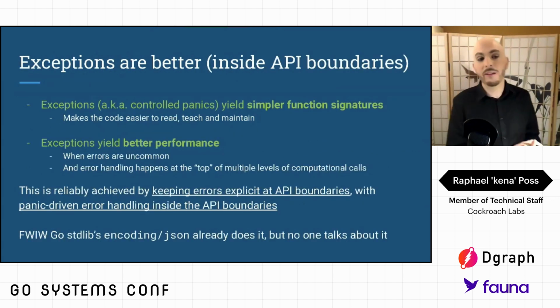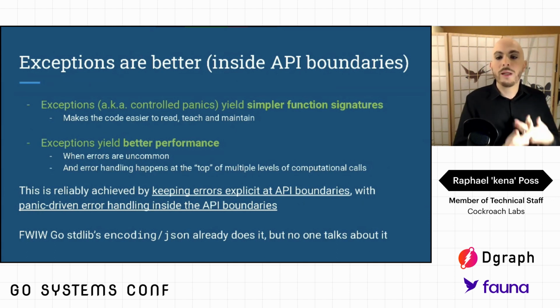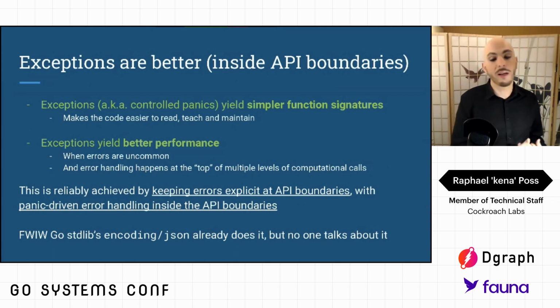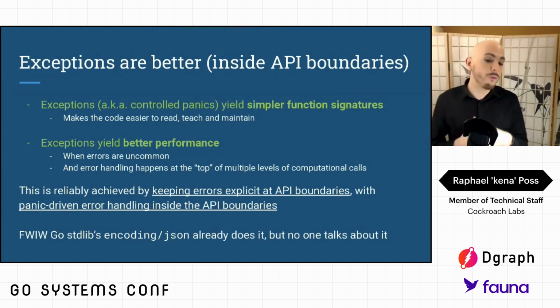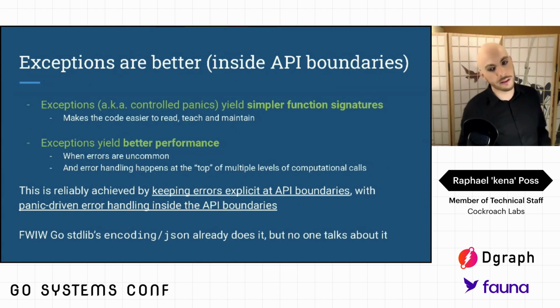The message we want to share is that control panics or exceptions in regular languages really are an improvement in software quality and maintainability. But with a little discipline, it is important that they don't spill over API boundaries, because that is a source of pain that other languages have learned and that we probably do not want to introduce in the Go ecosystem.